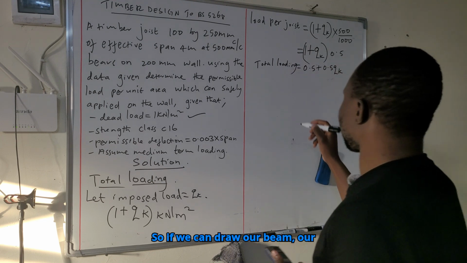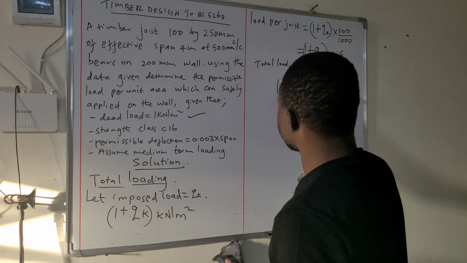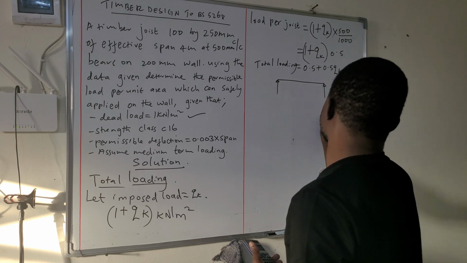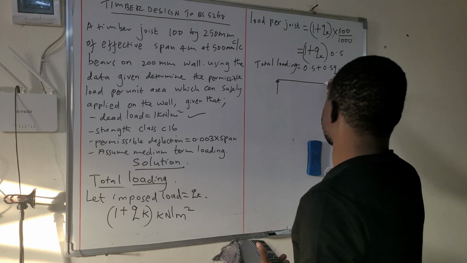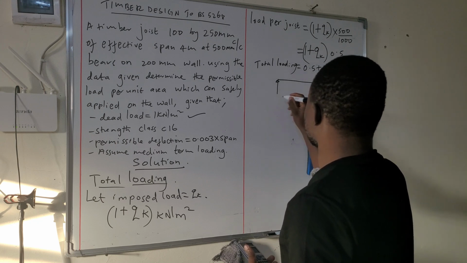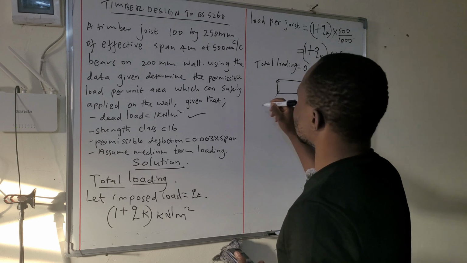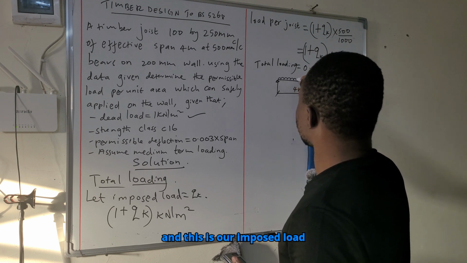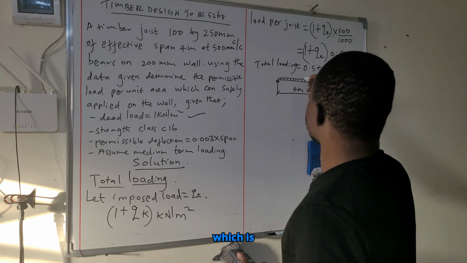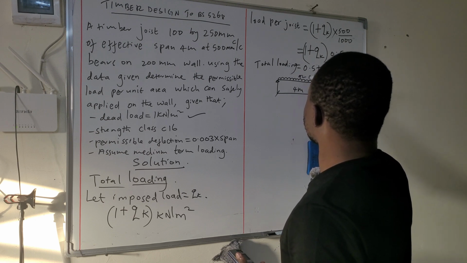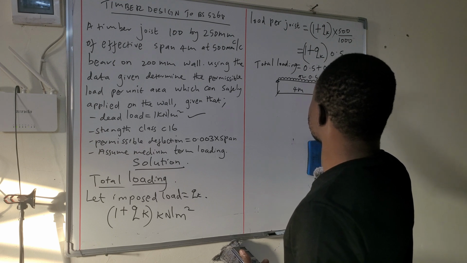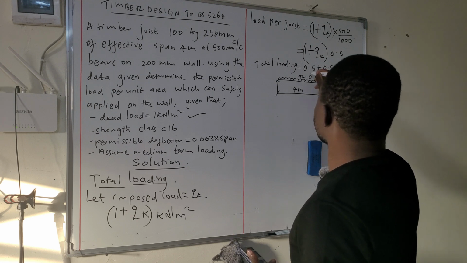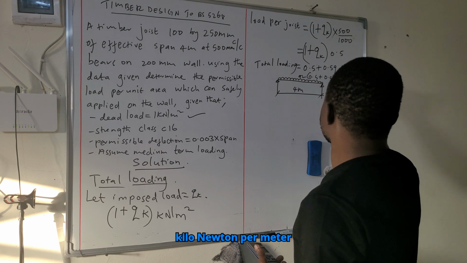So if we draw our beam, our joist, not beam, the effective length is 4 meters, and this is our imposed load, which is 0.5 plus 0.5 Qk kilonewton per meter.